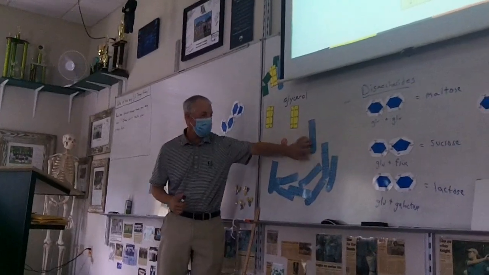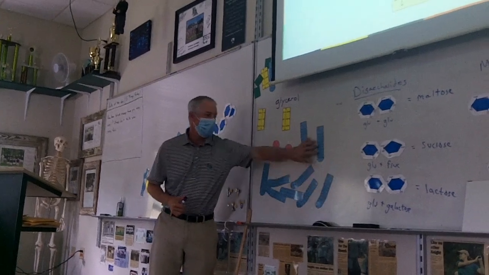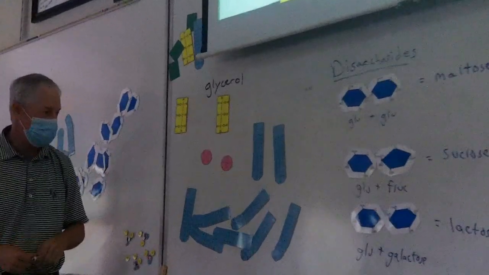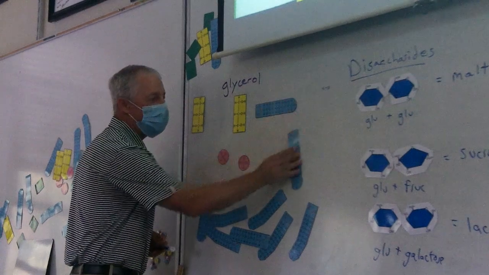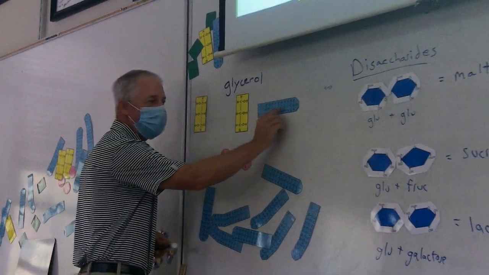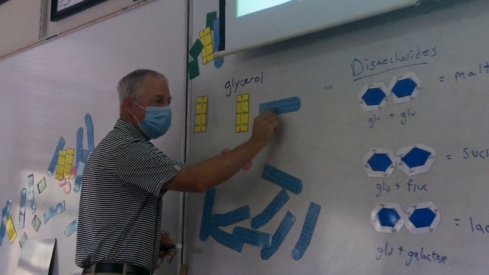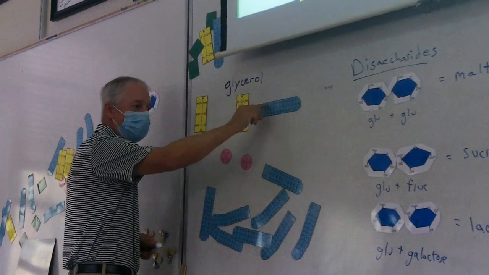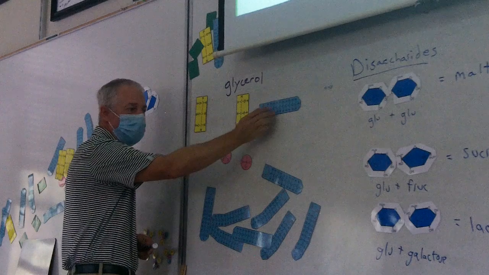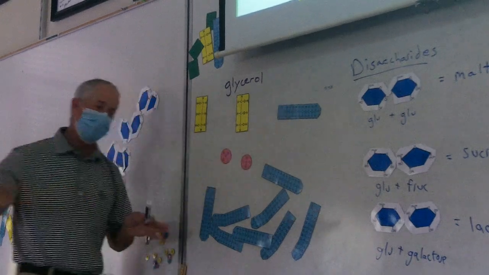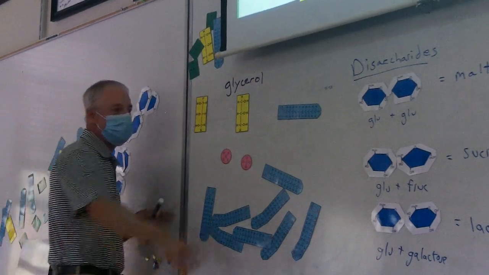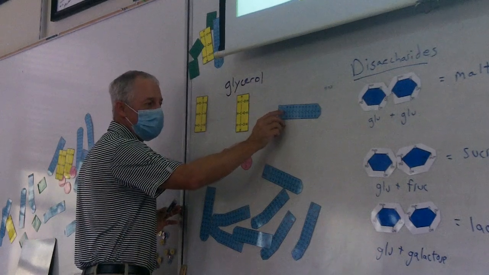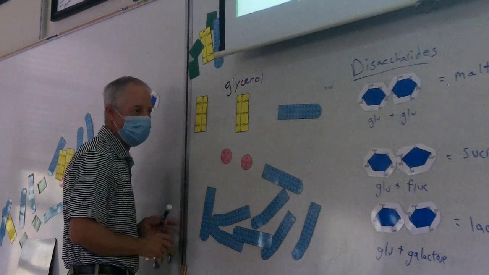Now these things here are the other part. They're called fatty acid chains. Fatty acid chains are long strings of carbon atoms, just one after another in a long line, with hydrogens attached. And at the other end is a carboxyl group. I don't know if you remember what a carboxyl group is, but it's COOH.